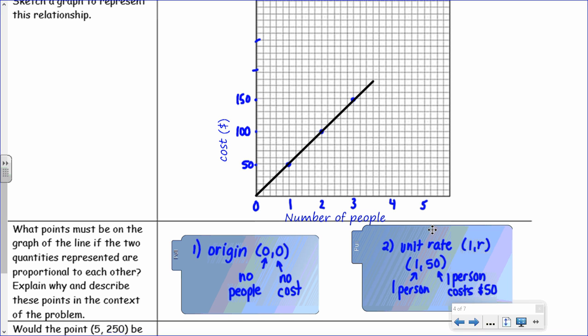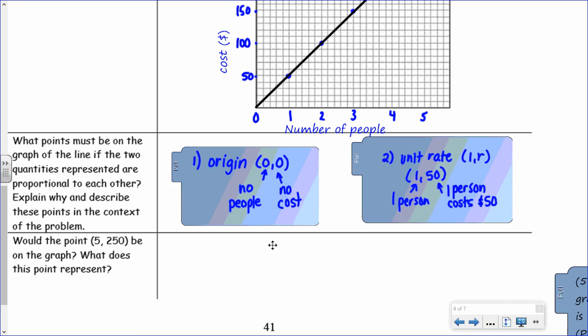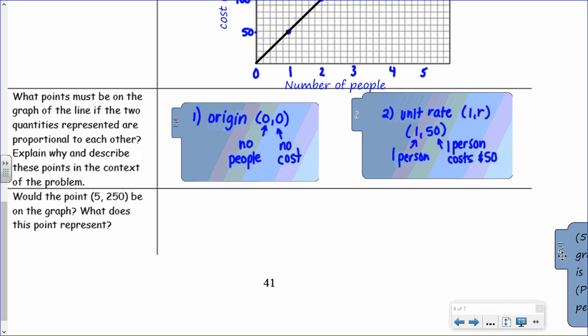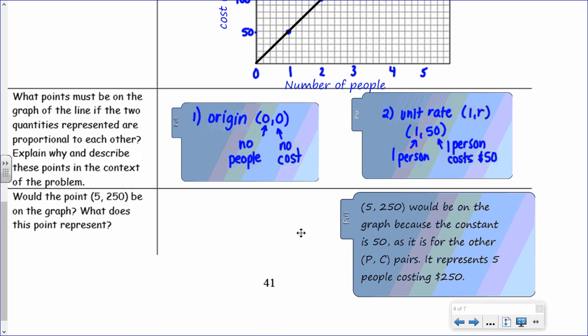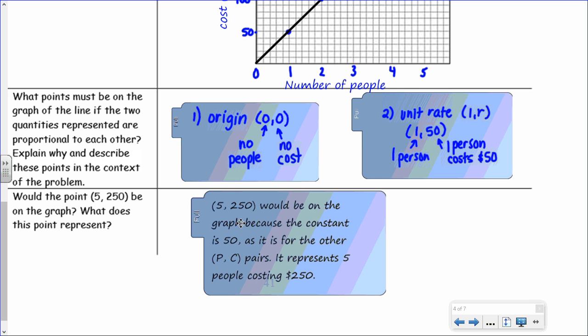But that would be on that line. If that line kept going, it would go through there. Again, I didn't count carefully, so that might be off by a tiny bit, but you can see that it's the same pattern. So what does that represent? It means that 5 people would cost $250. Okay, and that is a wrap on lesson number 10.